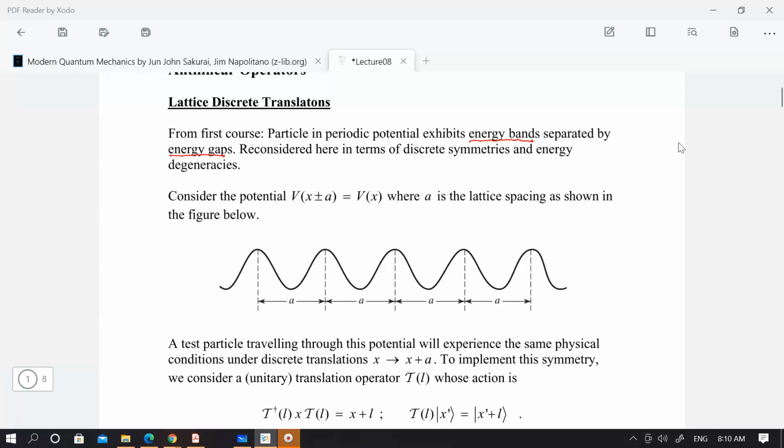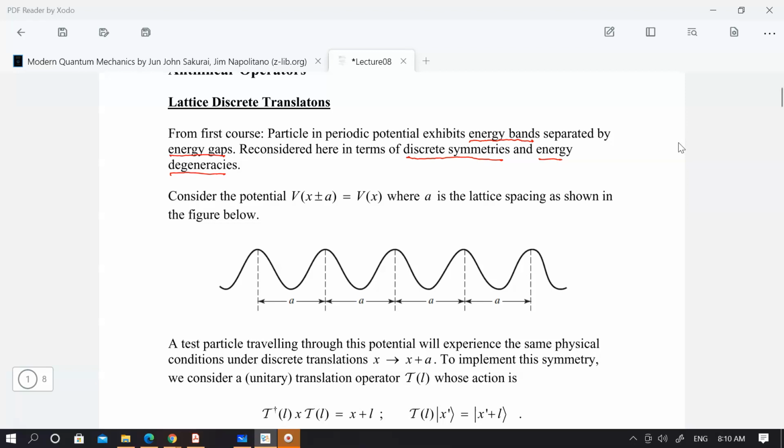Okay, but in this particular course, we are just looking at it from a different point of view: the point of view of discrete symmetries and essentially the energy degeneracies. The periodic potential is something like in this particular figure, for example.